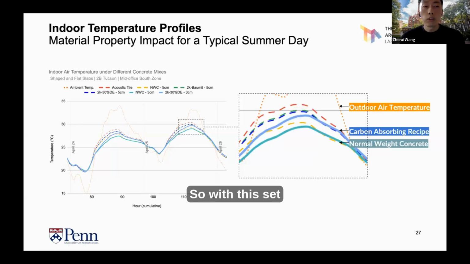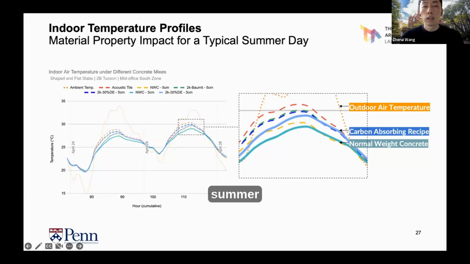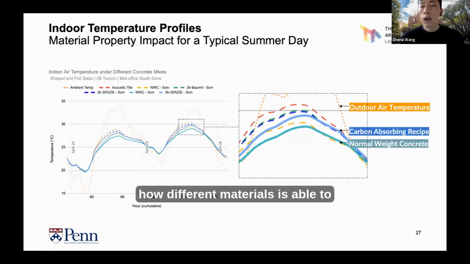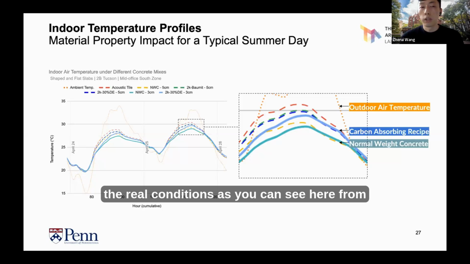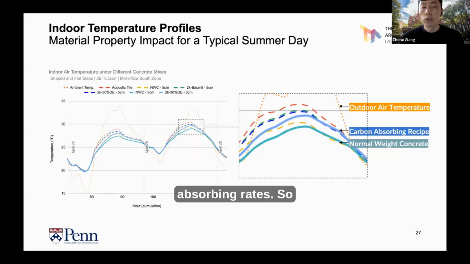So with this set of tools from the bench scale material to a building scale model, we see, for example, here in a typical summer day in the hot and dry climate of Tucson, Arizona, how different materials are able to behave in real conditions, as you can see here, from normal weight concrete to different kinds of carbon absorbing recipes to a building with a light thermal mass with only acoustic tile, for example.